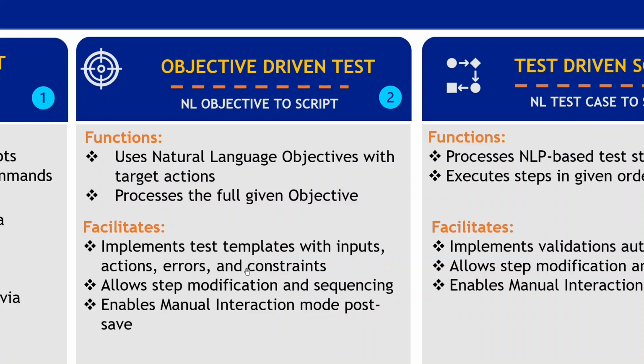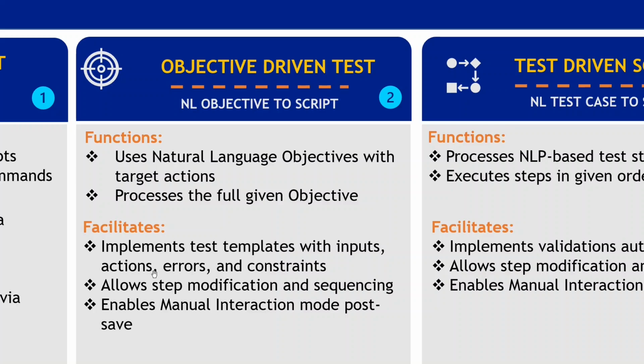Basically it expects the inputs, actions, error messages and constraints. Constraints means sometimes in your test you don't want to enter values in a particular edit box, or for a particular element you want to have a constraint, like this object should be in disabled state by default.